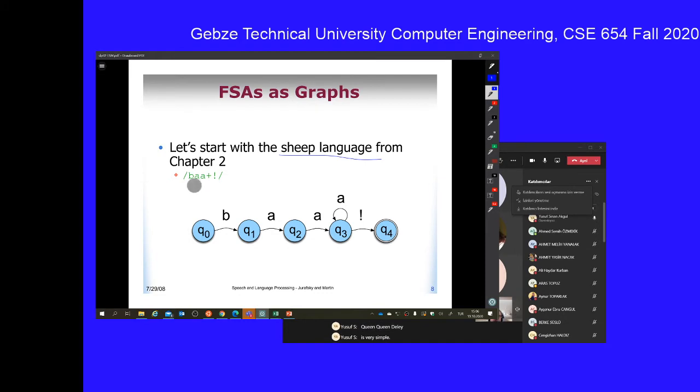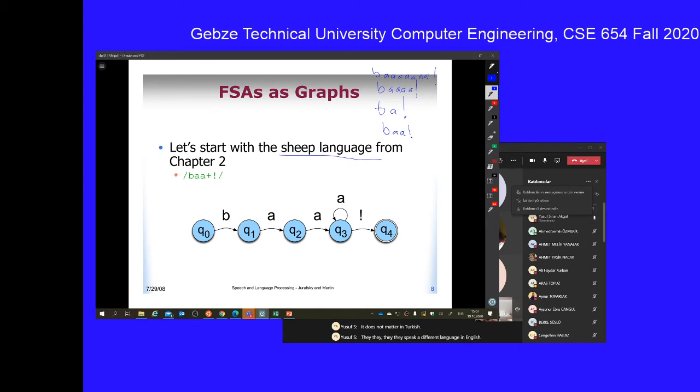You either say ba! or baa! or baaa! or as many times as you like, but it always ends with an exclamation mark. In English, the sheep make a sound of baa. It is not me in Turkish. They speak a different language in English.